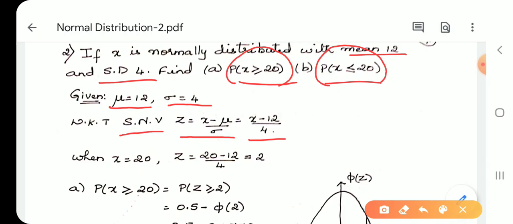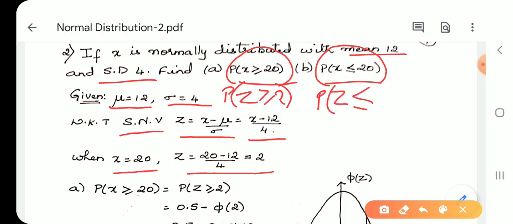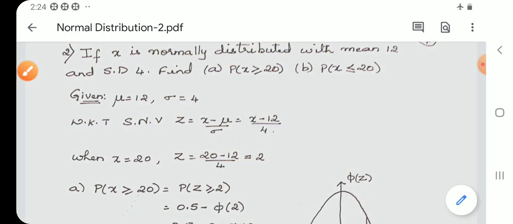Let us find the value of z when x is 20. So when x is 20, z becomes 20 minus 12 by 4, which is nothing but 2. Now instead of P of x, we can write it as P of z greater than or equal to 2 and P of z less than or equal to 2, because when x is 20, we have found z becomes 2.